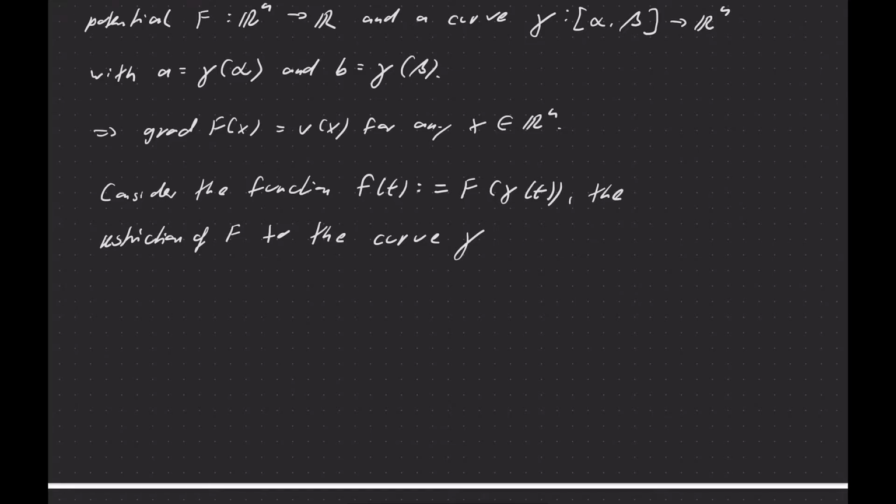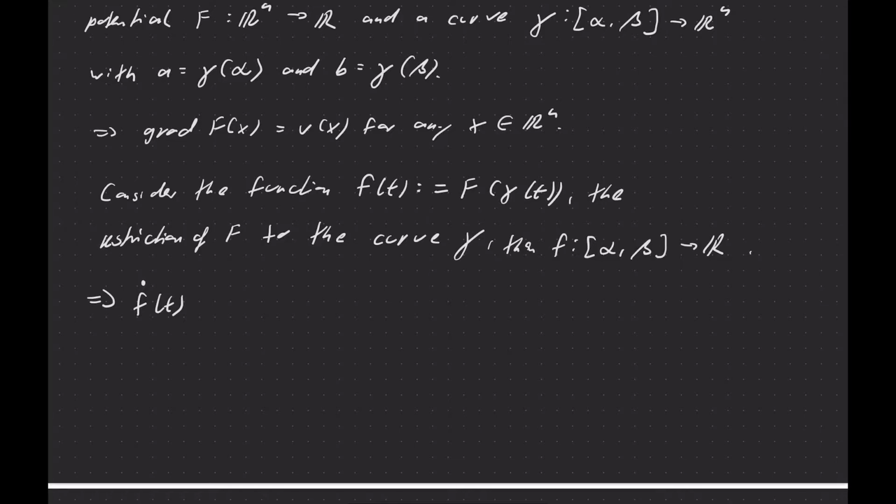Then we know small f is a function that maps the interval alpha beta to some real number. So the codomain is R. What we also know is something about the derivative of f. So we can compute the derivative of f with respect to t.